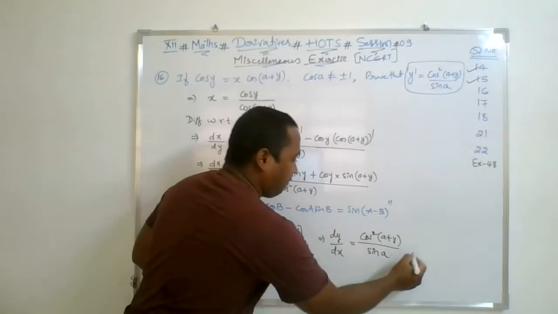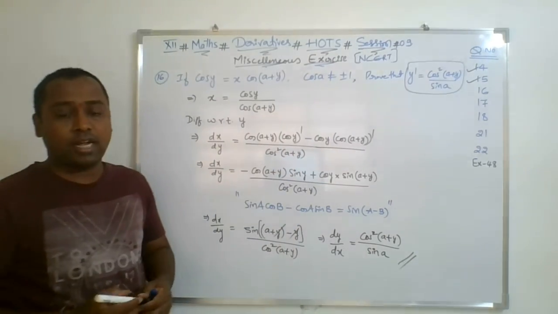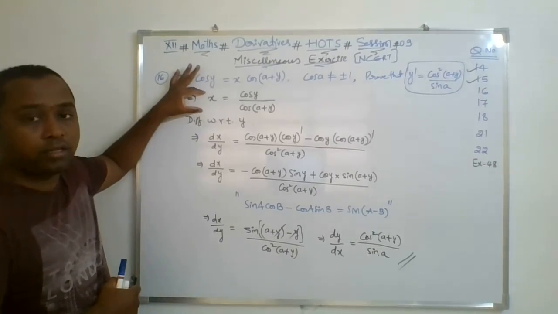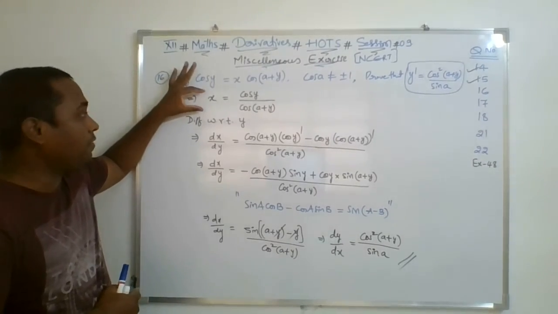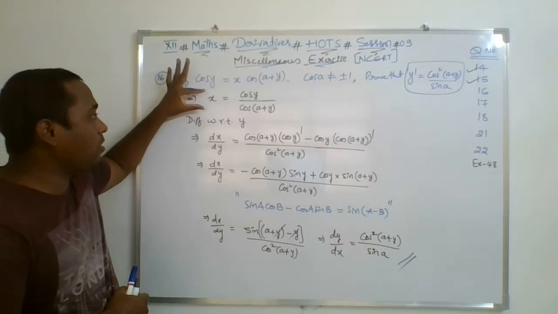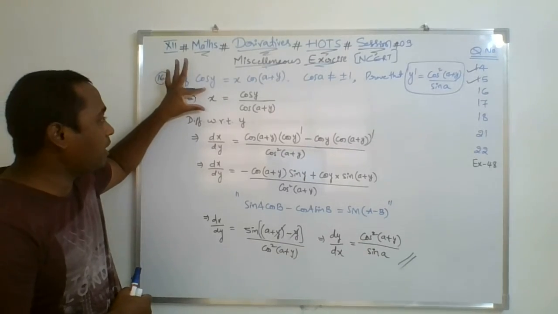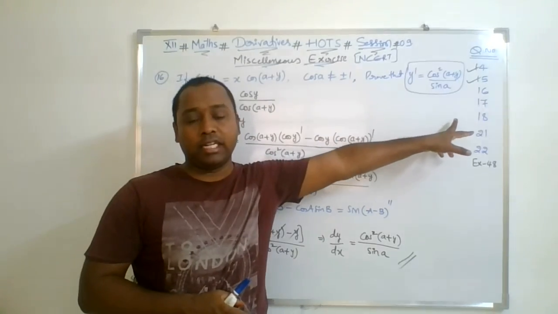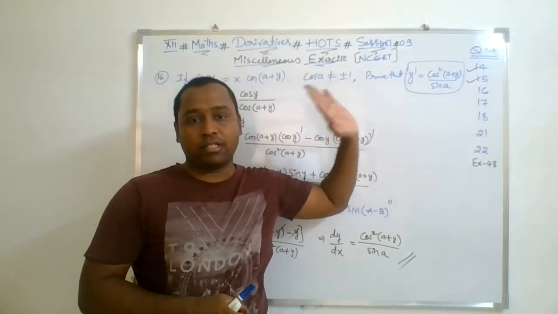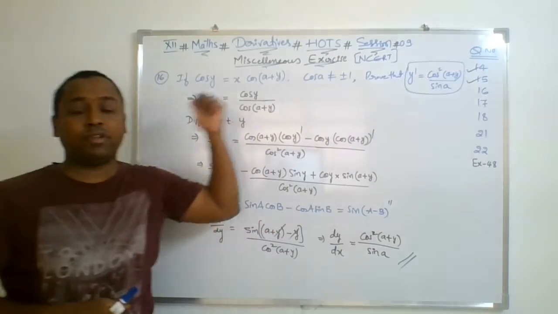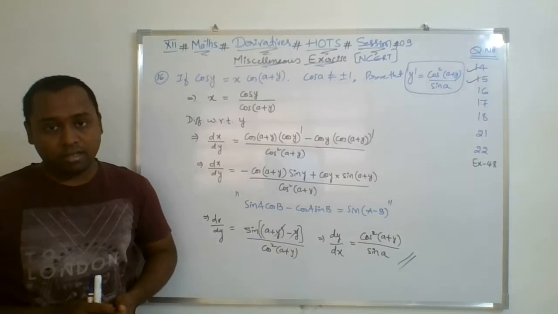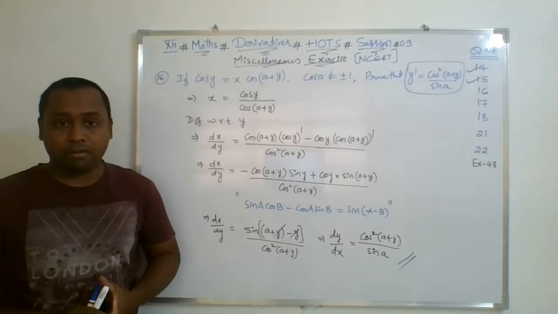So you got the final answer which we desired in terms of y. This is the logic I used in the beginning of the solution, where I expressed the given question as x in terms of y to get the derivative purely in terms of y. This is my strong intuition before we start the question. You can use this technique whenever and wherever it is required.